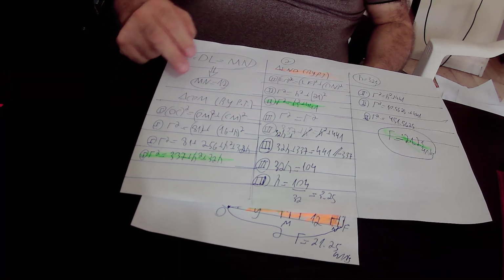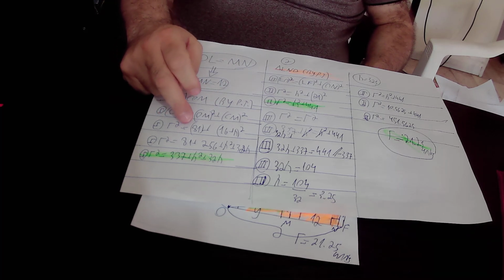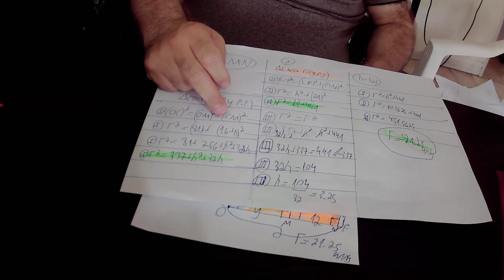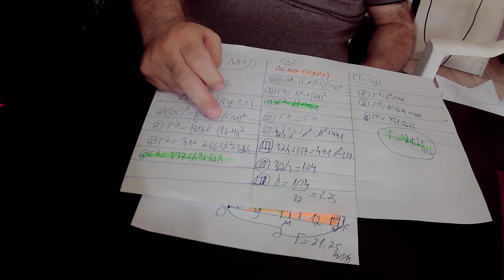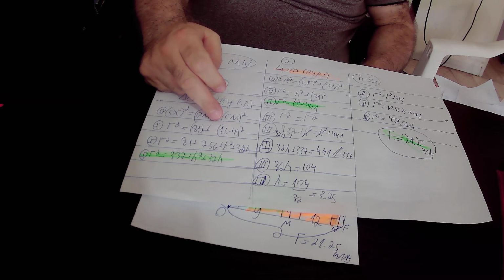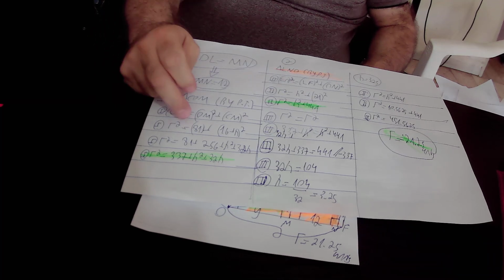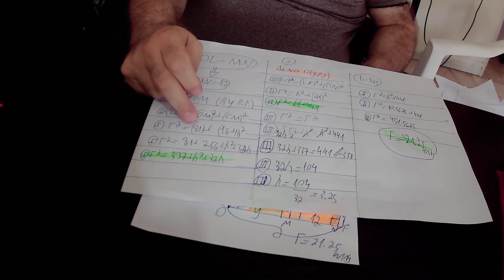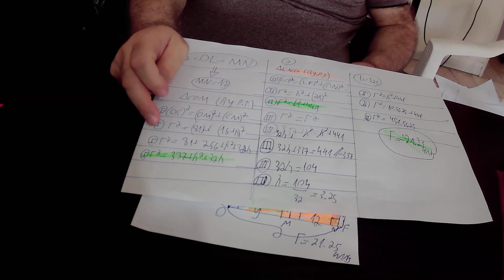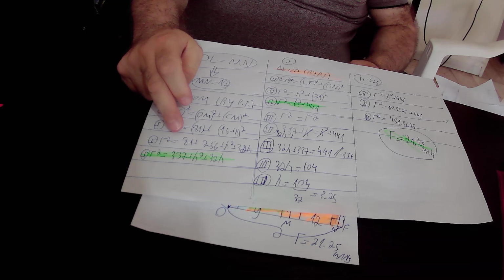Here we open the brackets on this side of equation number 1 and find that R square equals 81 plus (16 plus H) square. (16 plus H) square equals 16 square, that is 256, plus H square plus 2 times 16, which is 32, and 32 times H is 32H. So 81 plus 256 is 337. In conclusion, according to equation number 1, R square equals 337 plus H square plus 32H.